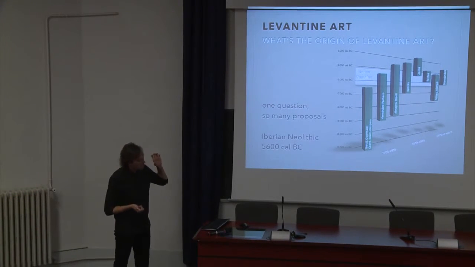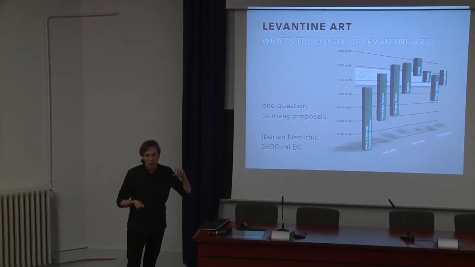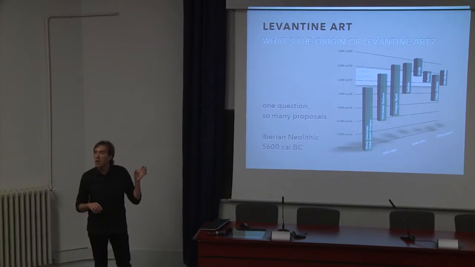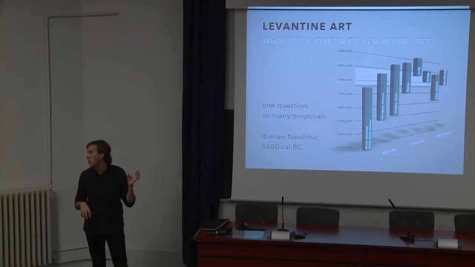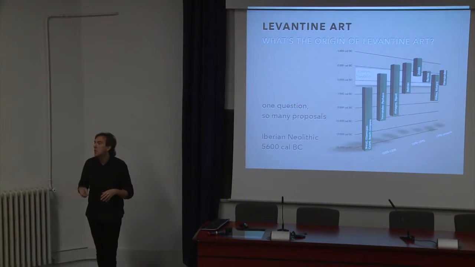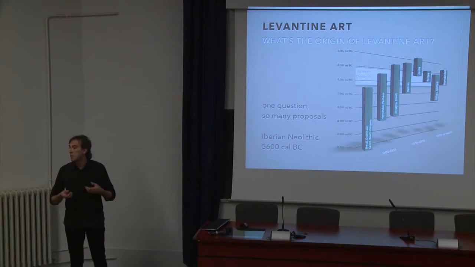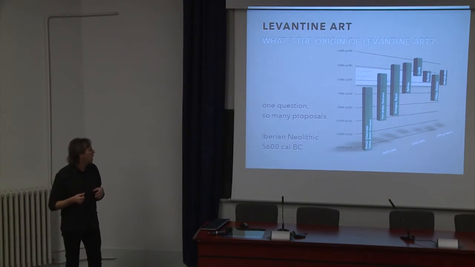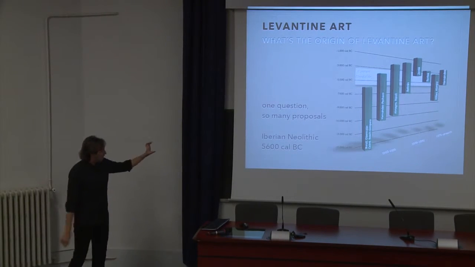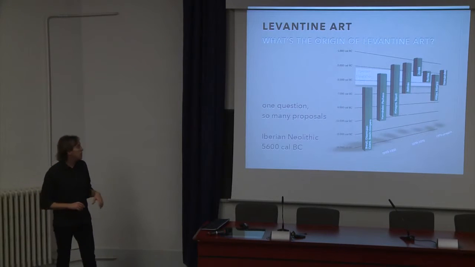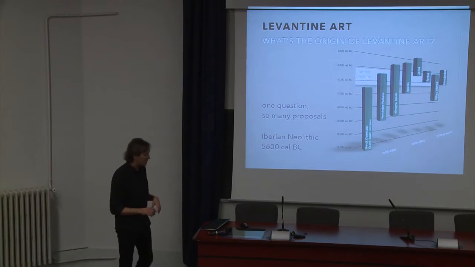Nowadays, the hypothesis that is more accepted is that it has a chronology of the Iberian Neolithic. But this is not based on scientific evidence. It's just based on archaeological evidence. Remember that date. The Iberian Neolithic began around 5600 in calibrated ages before Christ.